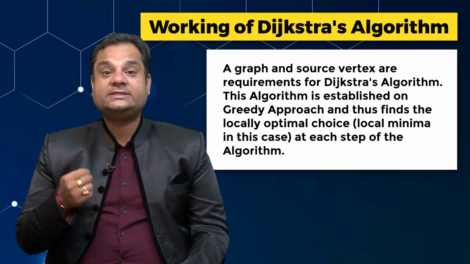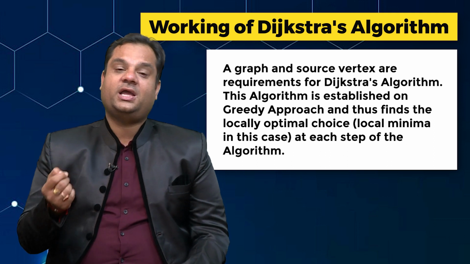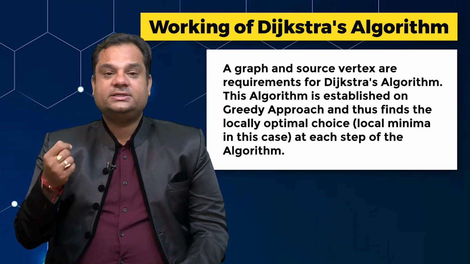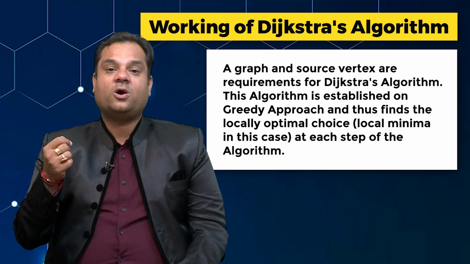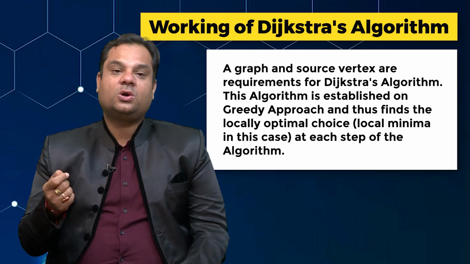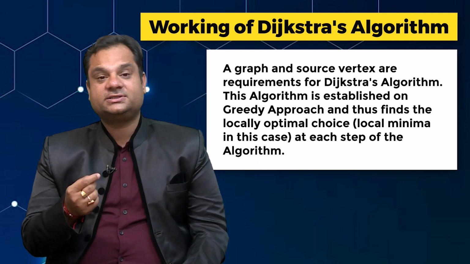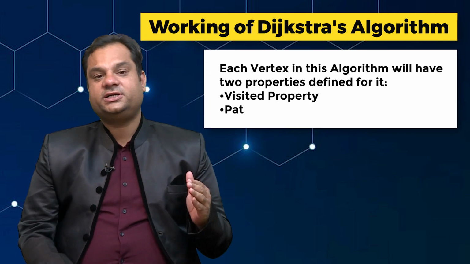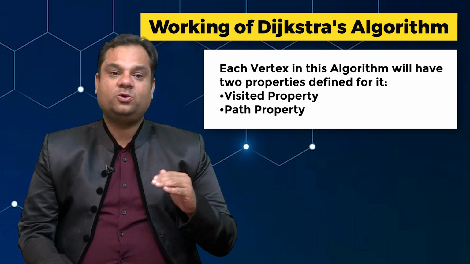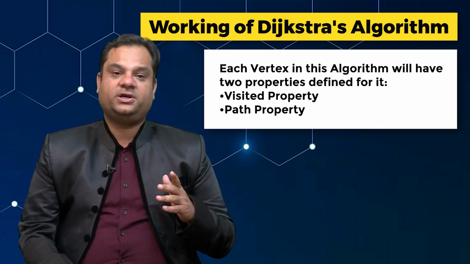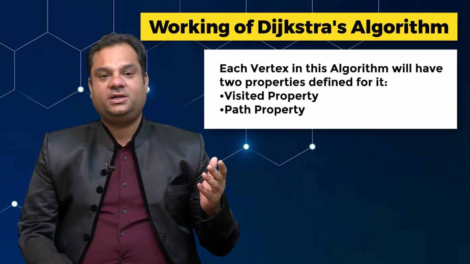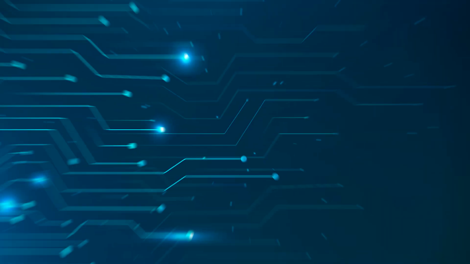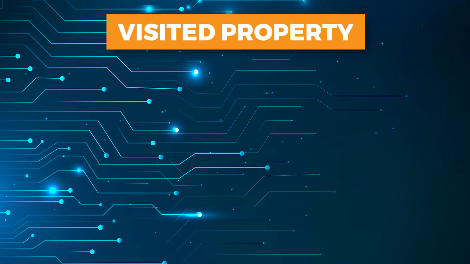This algorithm is based on the greedy approach and thus finds the locally optimal choice, the local minimum in this case, at each step of the algorithm. Each vertex in the algorithm will have two properties defined for it: the visited property and the path property. Let's understand these properties in brief. The first one is the visited property.